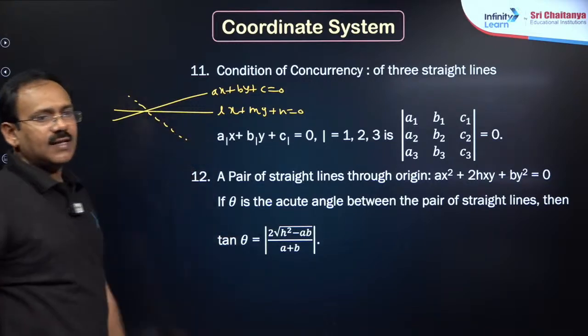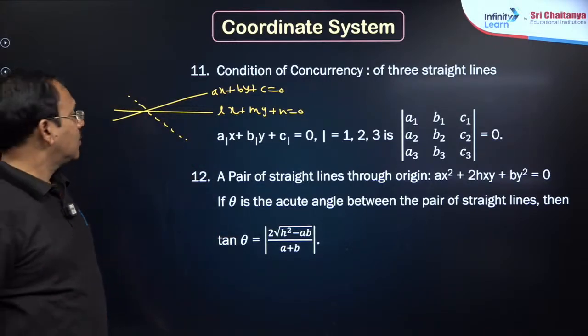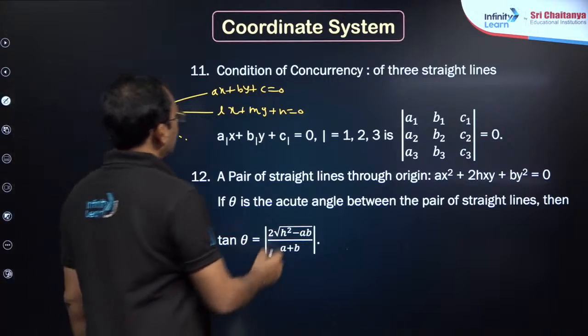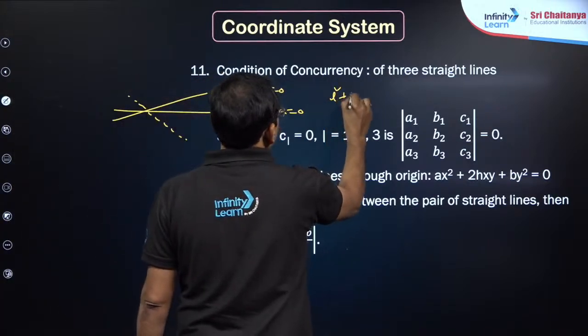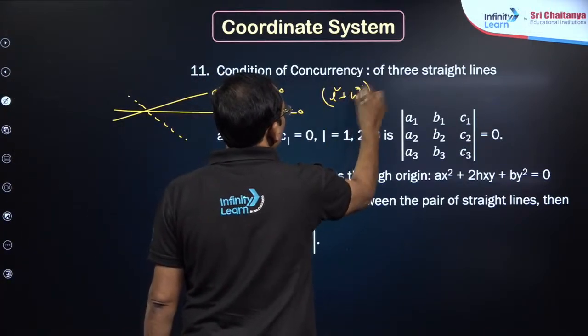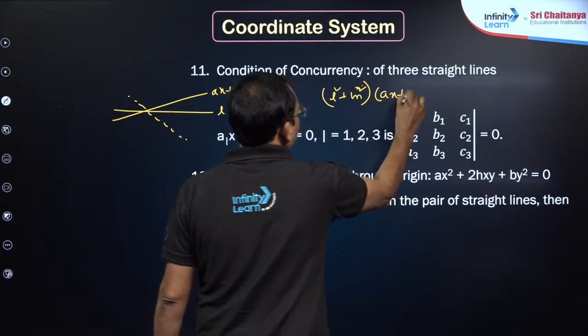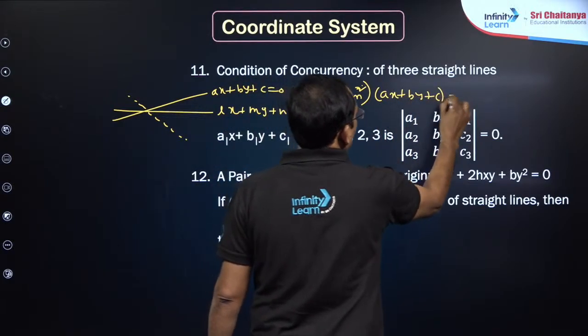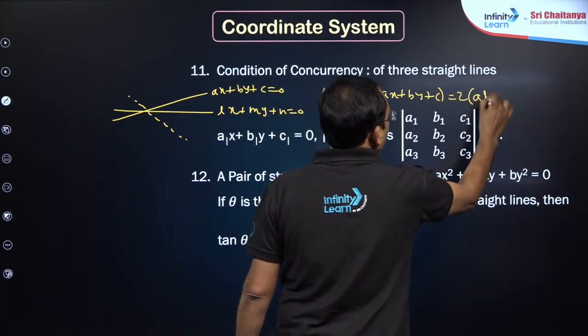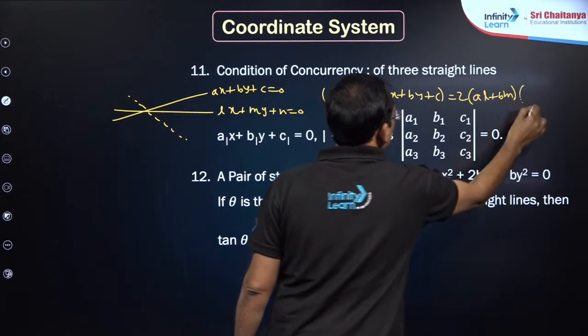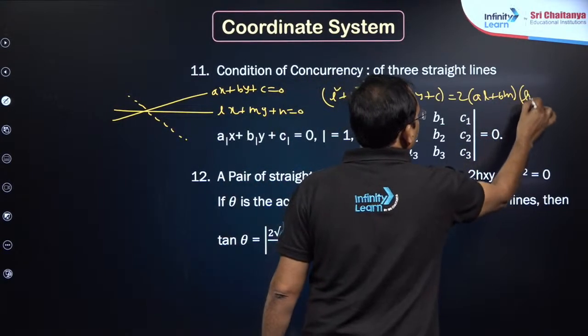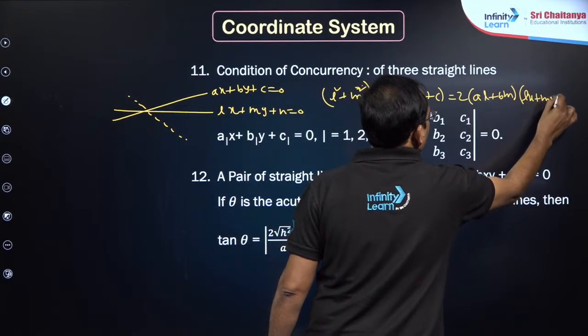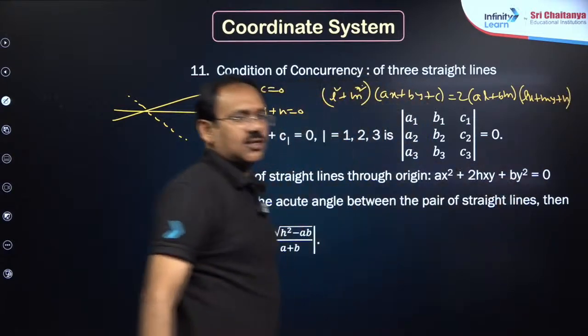You don't need a lengthy procedure; you just apply (l² + m²)(ax + by + c) = 2(al + bm)(lx + my + n). That is the shortcut, dear student.